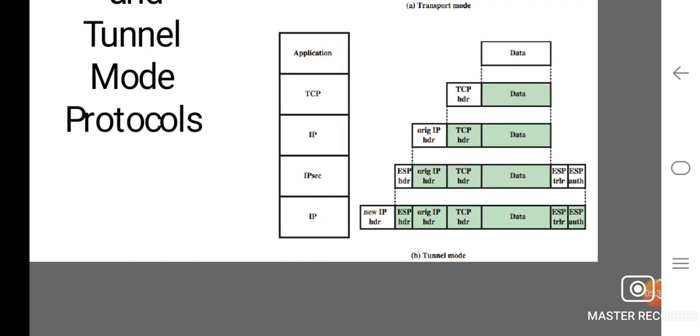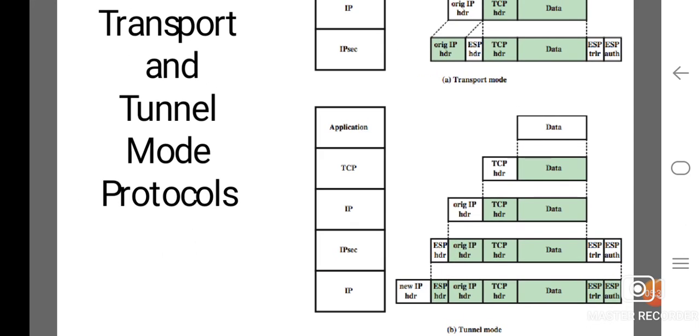Like that, tunnel mode consists of 5 layers. For IP: new IP header, ESP header, original IP header, TCP header, data, ESP trailer, ESP authentication. For IP security: ESP header, original IP header, TCP header, data, ESP trailer, ESP authentication.